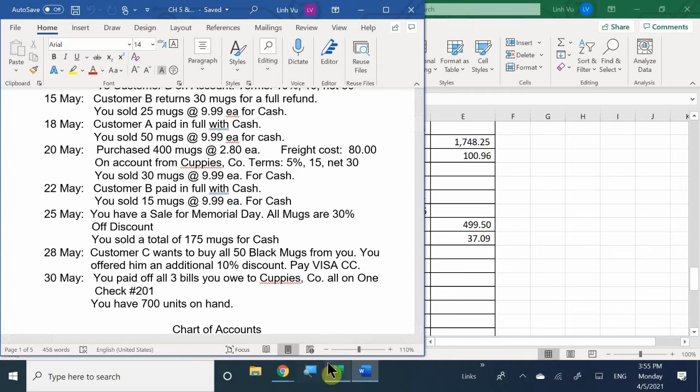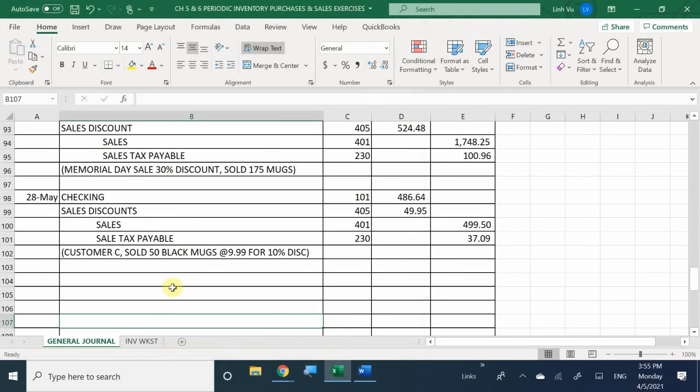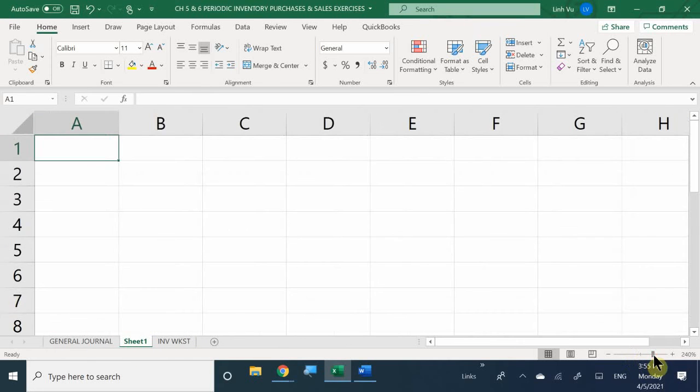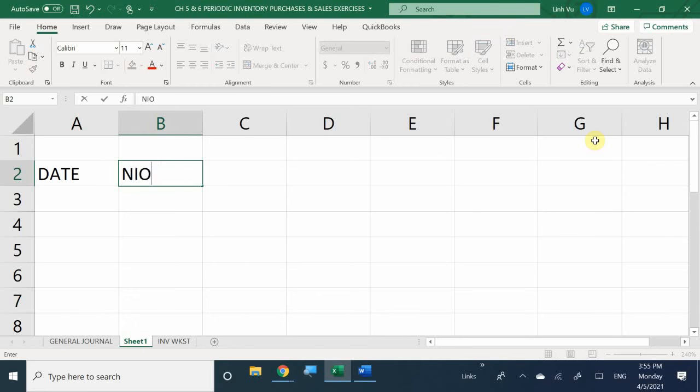So in this case, what I'm supposed to do is create another worksheet, right? In this one, I'm going to create essentially a ledger account just so I'm able to see what had happened. So I'm going to put the date here. I guess you could put notes here.